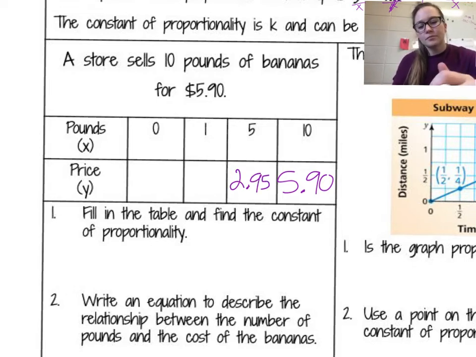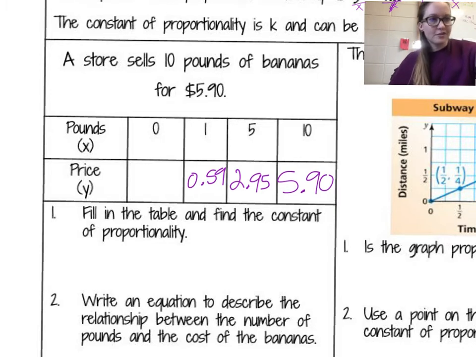Okay. And then we can take 10 divided by 10 to get to 1. So I'm going to take 5.90 divided by 10, which is just 59 cents. So 1 pound of bananas is 59 cents.